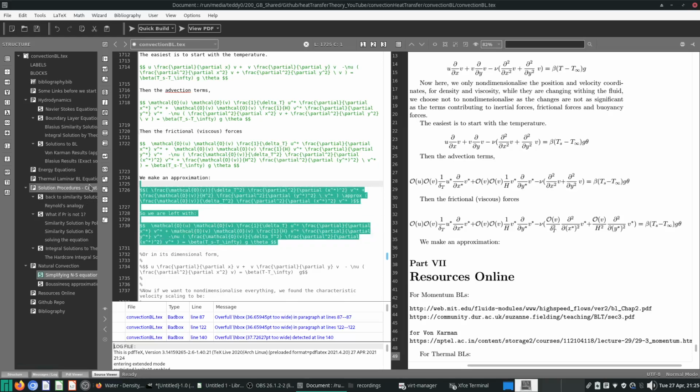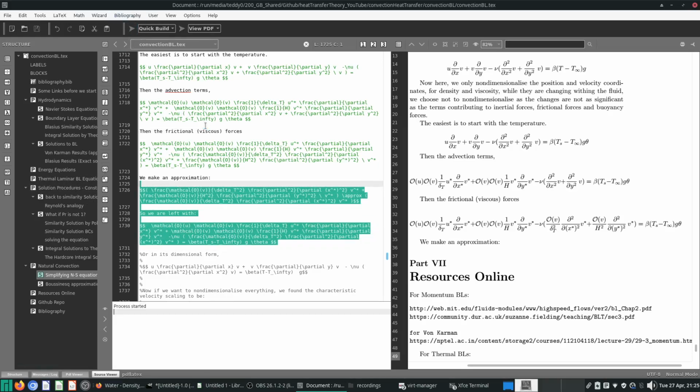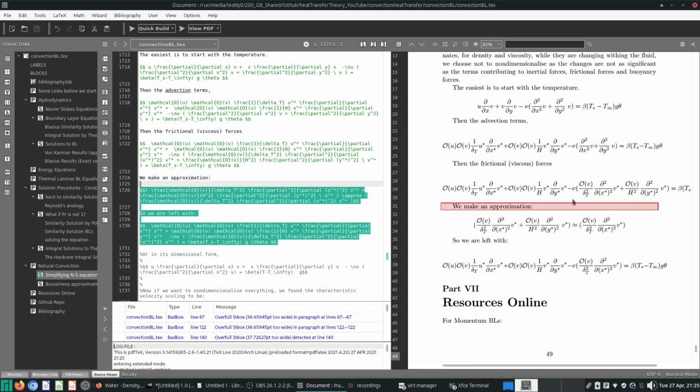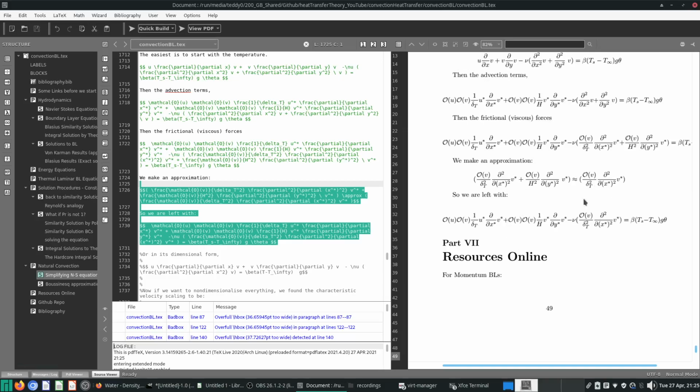Immediately we can see which terms can fall off. Remember, this viscosity term is small with respect to this one inside the boundary layer. After doing that, we are just left with this expression here.